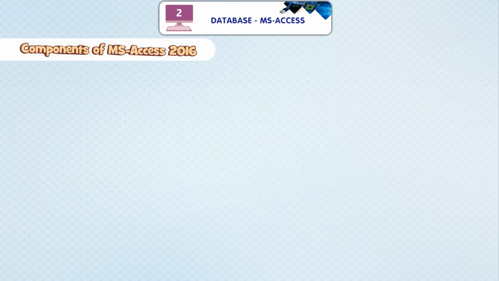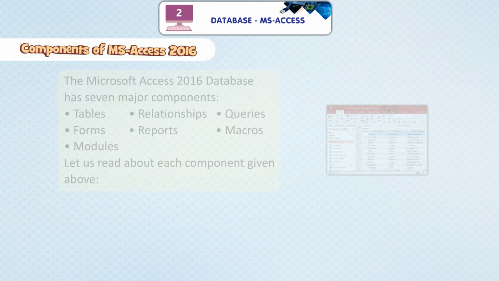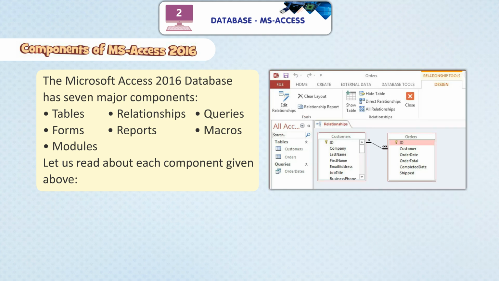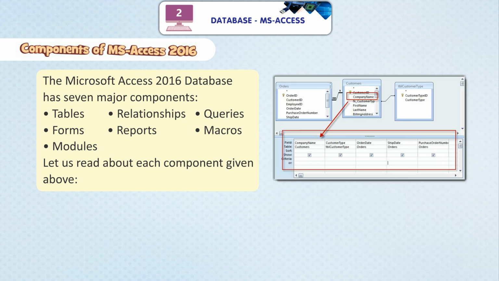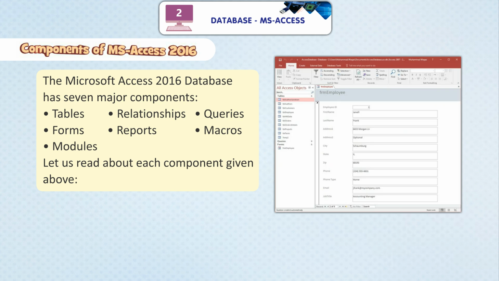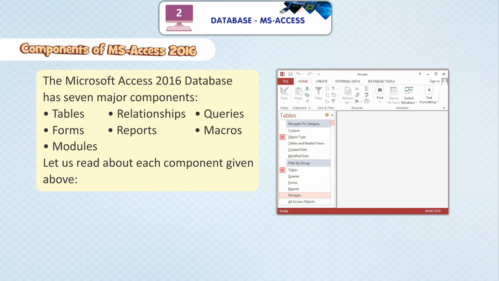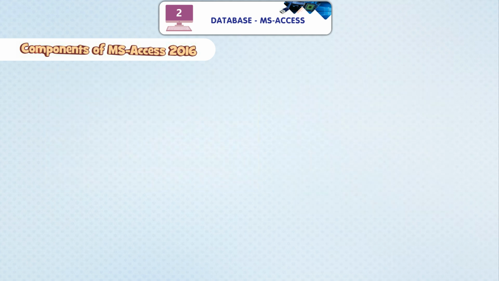Components of MS Access 2016. The Microsoft Access 2016 database has 7 major components: tables, relationships, queries, forms, reports, macros, modules. Let us read about each component given above.